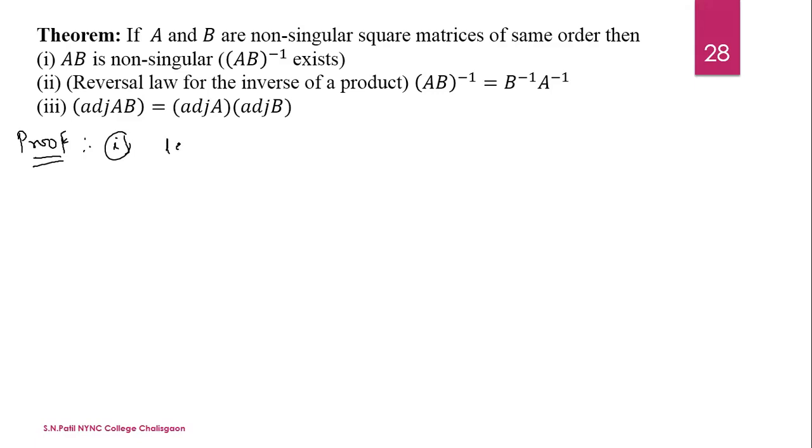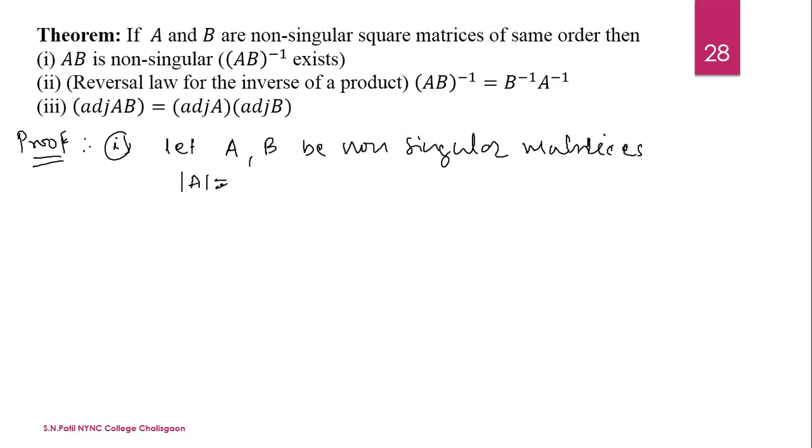See what is the given thing. Let A and B be non-singular matrices. It means determinant of A is non-zero and determinant of B is non-zero.